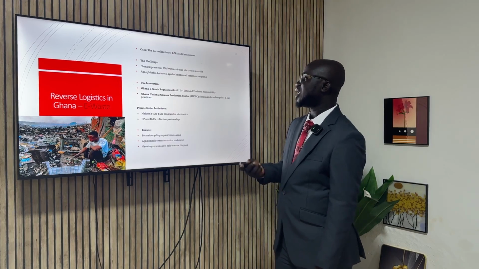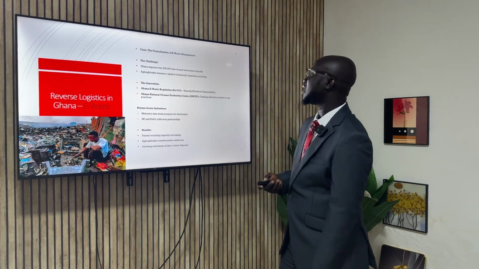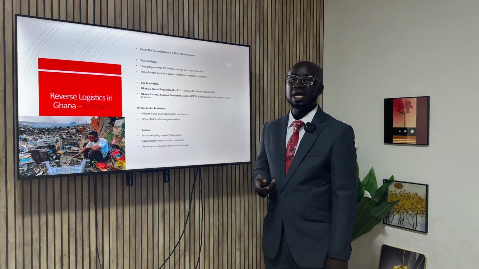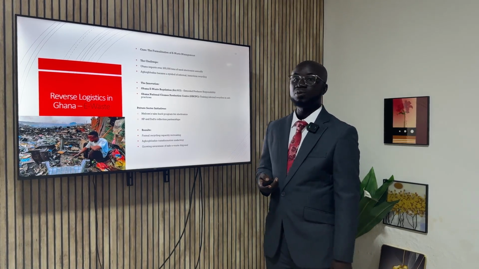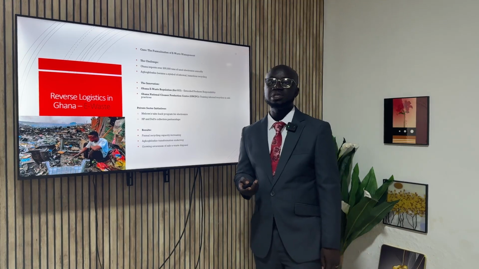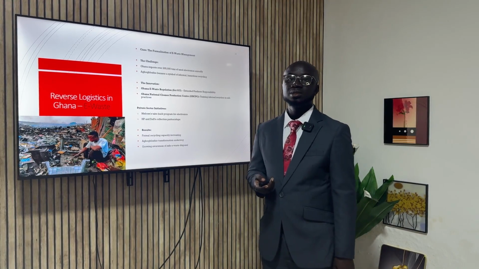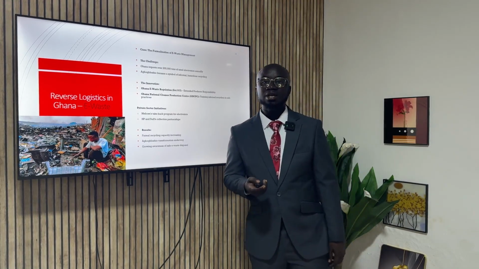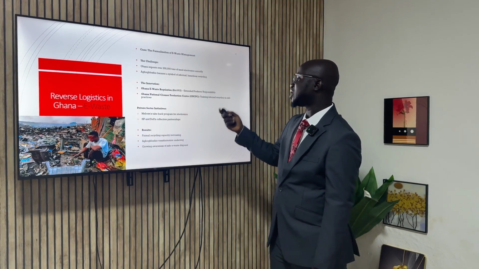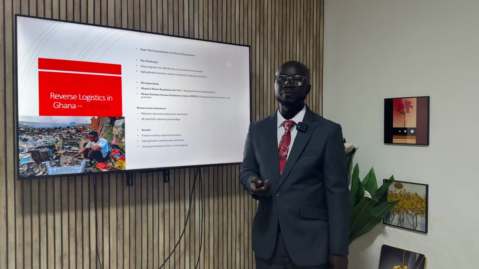Now the challenge again is that Agbogbloshie is gradually becoming a symbol of an informal hazardous recycling area. The E-Waste Regulation Act 917 establishes extended producer responsibility, and organizations like the Ghana National Cleaner Production Center are training informal recyclers in safe practices.